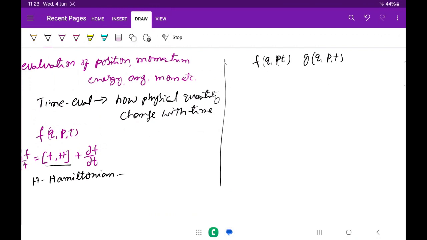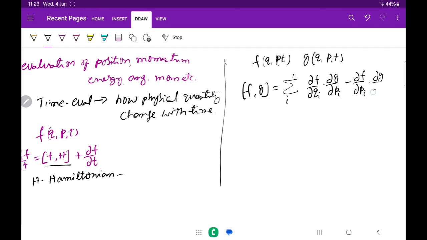Then the Poisson bracket of f and g is defined as [f, g] = summation over i of (∂f/∂qi)(∂g/∂pi) − (∂f/∂pi)(∂g/∂qi). This is how we define Poisson bracket.